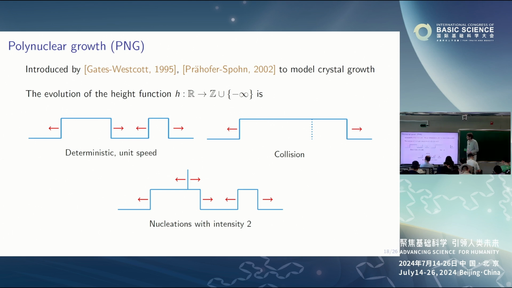When two segments meet, they just collide and disappear. At random locations with intensity 2, unit steps appear. These unit steps up and down appear randomly, and as soon as they appear, they start growing in two directions, as I just explained.